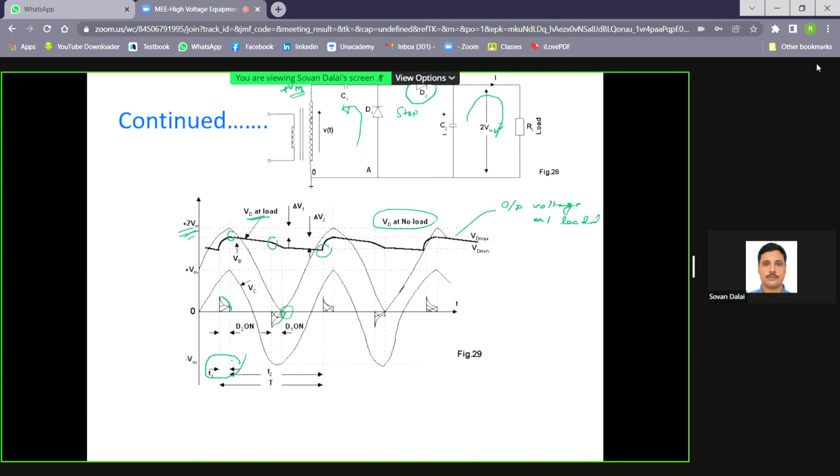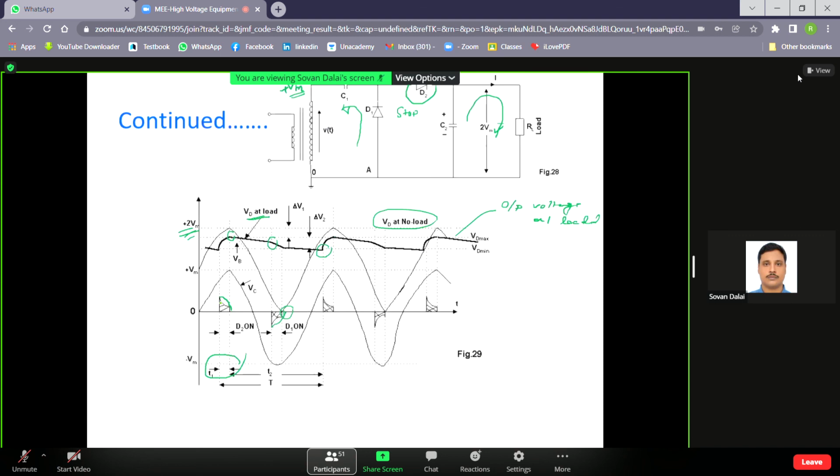If you consider that Q amount of charge is transferred to the load from C2, then during the period T2, the same amount of charge is replenished by C1 to C2.